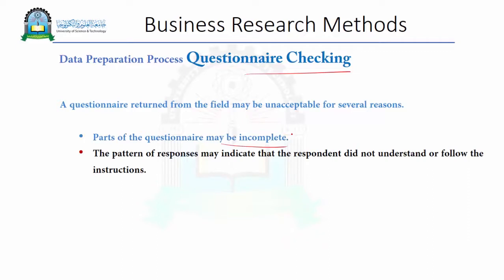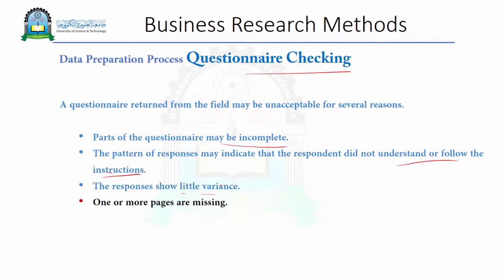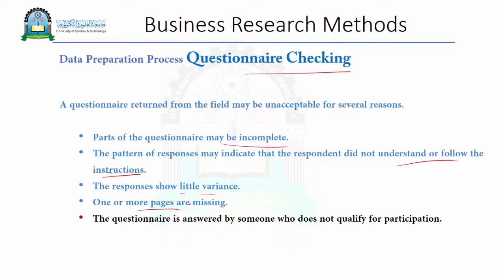The patterns of the responses may indicate that the respondents did not understand or follow the instructions, so this can also be problematic. The third one is that the respondents show little variance, and this is also another problem. And one or more pages might be missing in the questionnaire because of the collecting of the data.